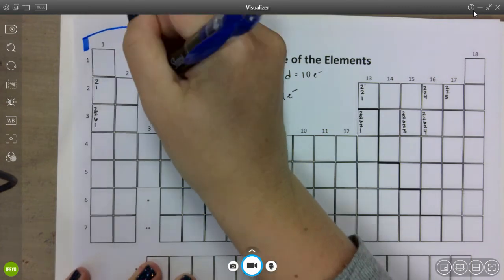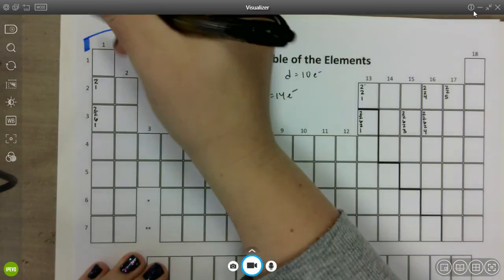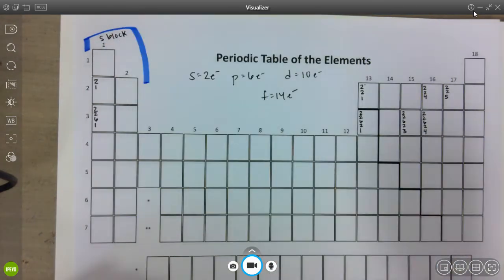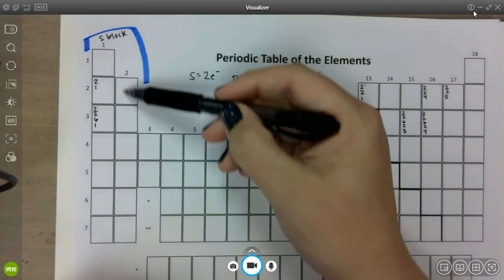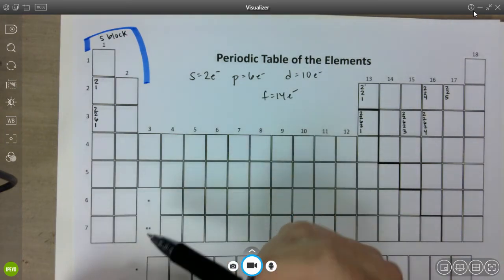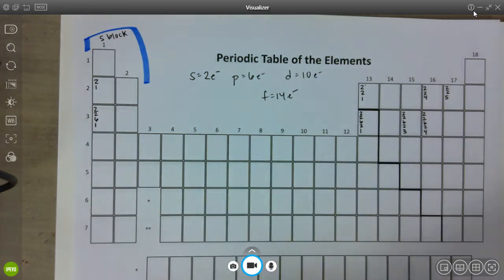Groups 1 and 2 on our periodic table are called the S block. And the reason they are called the S block is because the elements that sit in group 1 or group 2 have electron configurations that end in an S. Okay?